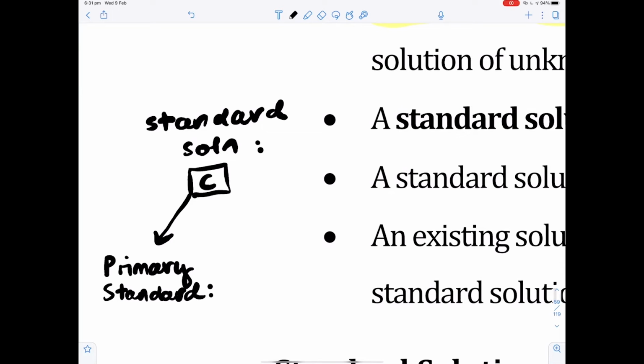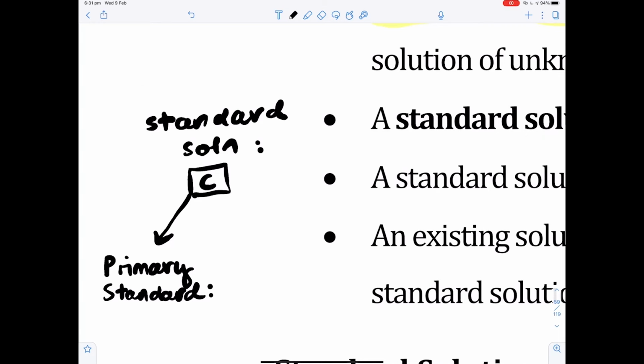And more specifically, as Mithilesh has alluded to, the primary standard specifically refers to the solute that was made up this way. Okay, so if I get sodium carbonate and I dissolve it in water and I make a sodium carbonate standard solution, the primary standard that was used was sodium carbonate. Does that make sense?